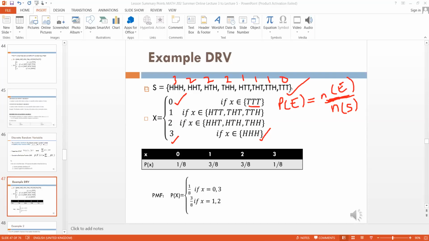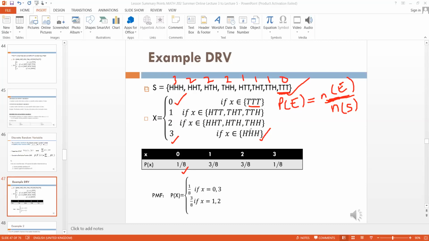It's 1. There's only 1 tail in the whole sample space. Out of 8 outcomes, we have 1, 2, 3, 4, 5, 6, 7, 8. We have only 1 unique tail. So that gives us 1 over 8.